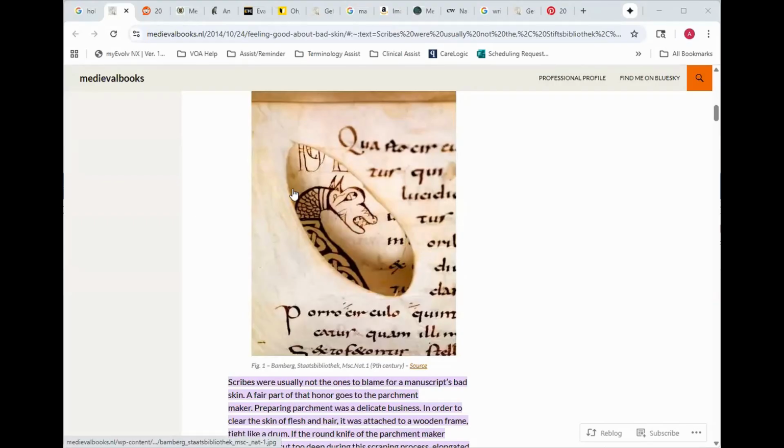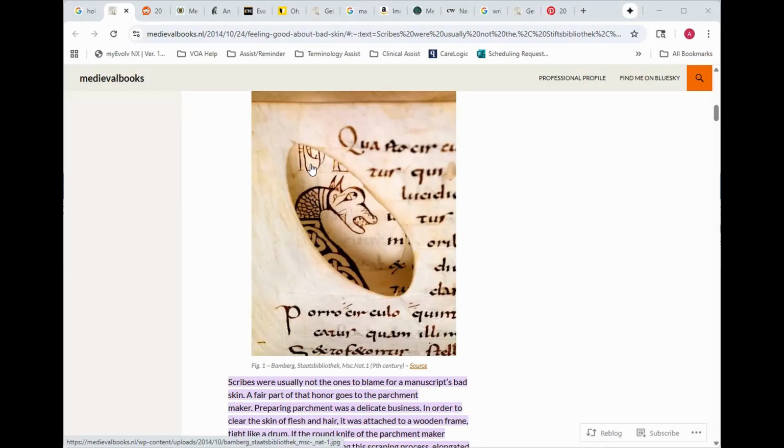This little bit here where we see a dragon's head is a hole where either they scraped too thin or, because parchment is from the actual hide of an actual animal that could have had heaven knows what, it's not going to be perfectly uniform.